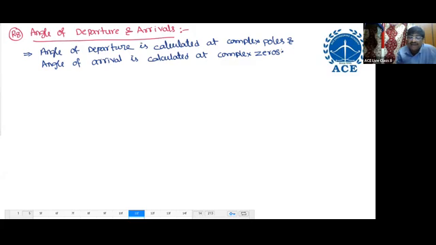Angle of arrival is calculated at complex zeros. For example, here, what is the angle of departure?